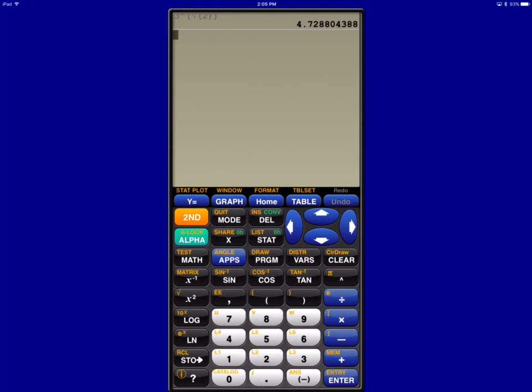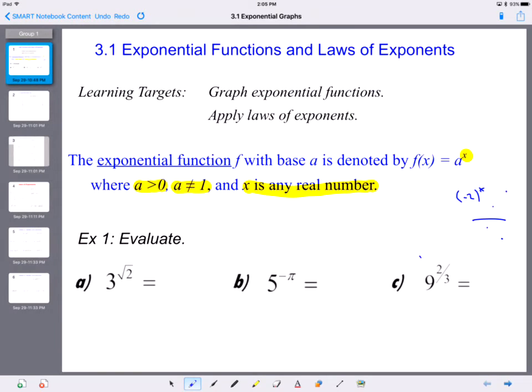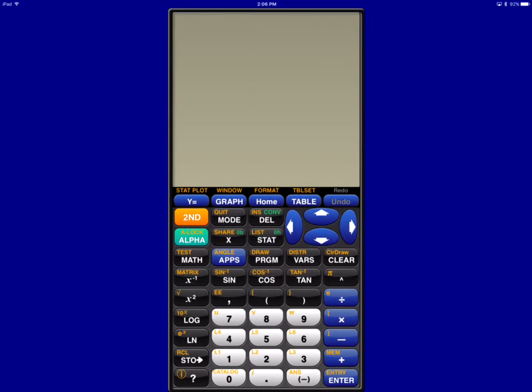So we got an answer of 4.7288. We're going to round to the nearest thousandths on this unit. So this is equal to 4.729. And then we'll go back and we'll plug in 5 raised to the -pi.